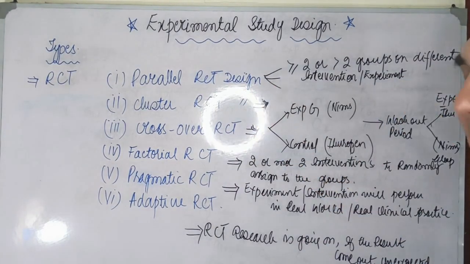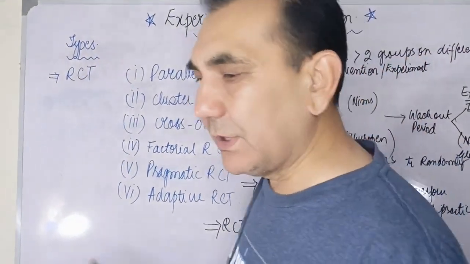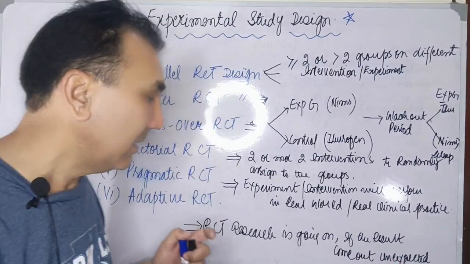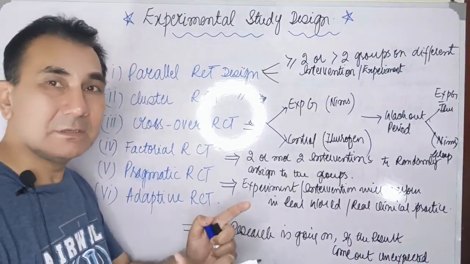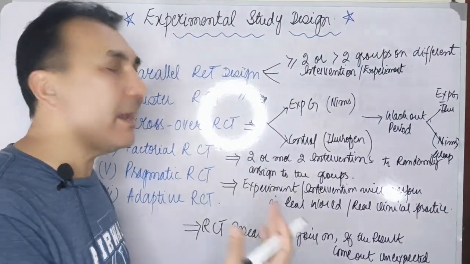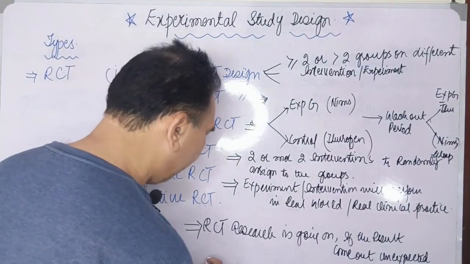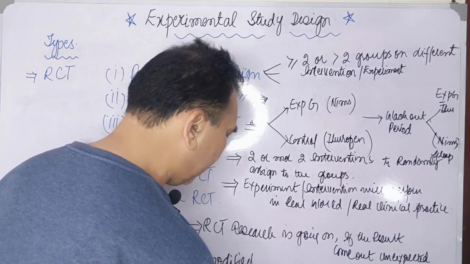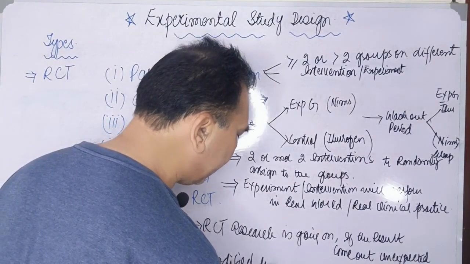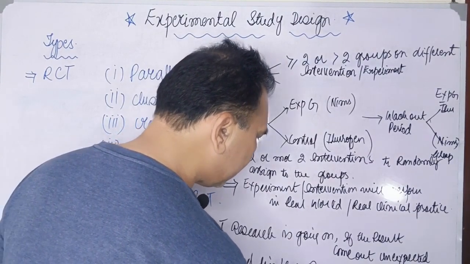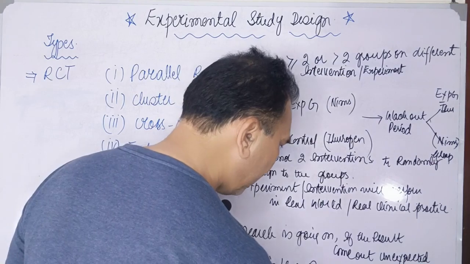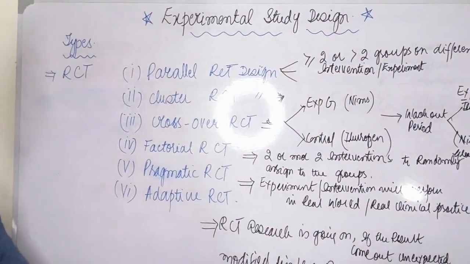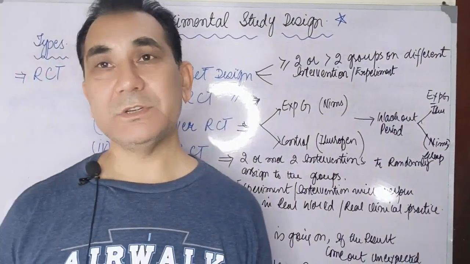When an unexpected result comes out during the study period, the researcher modifies his or her research design in between the study. This is called the adaptive RCT design.